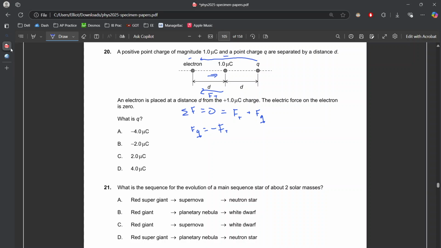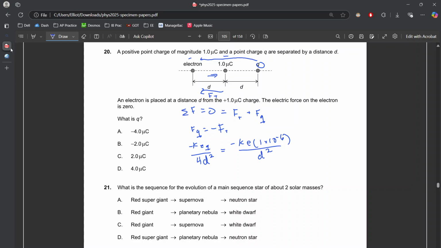And then we can use our handy-dandy little Coulomb's law, which says a constant times charge 1, which is going to be the elementary charge, which is negative, so this is going to make it negative, times Q, over the distance squared, which is in this case 4d squared, because it's 2d, quantity squared. 4d squared is equal to negative K e times 1 microcoulomb, which is 1 times 10 to the negative 6, I believe, over d squared, because that's the only separation there is.